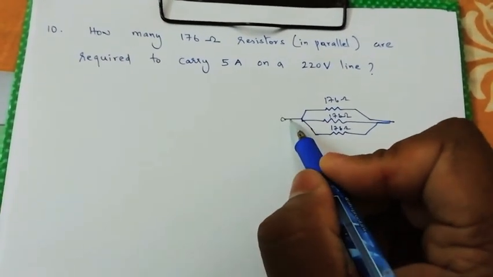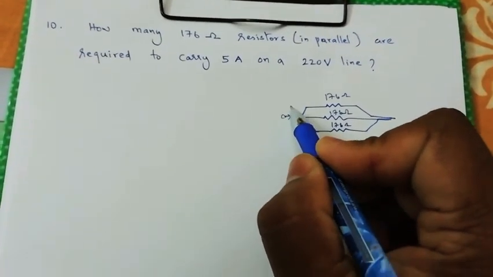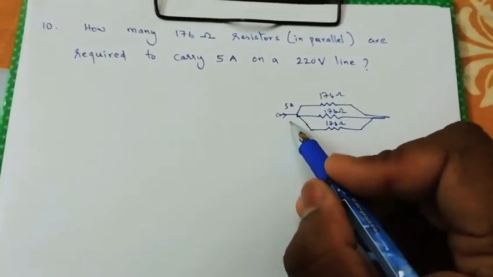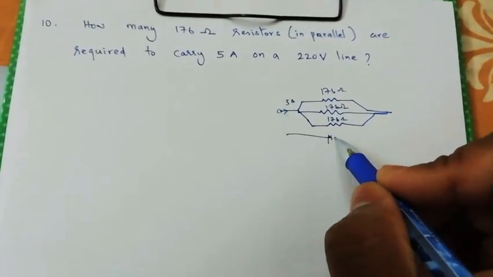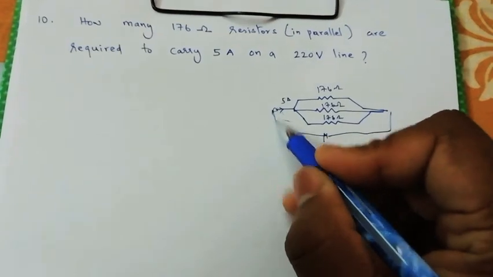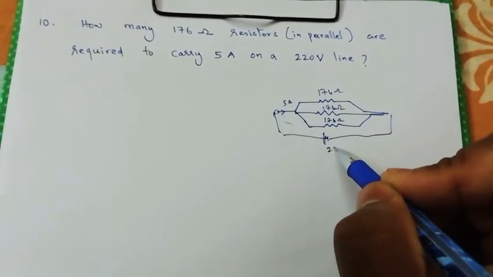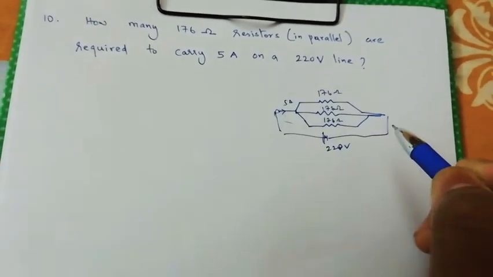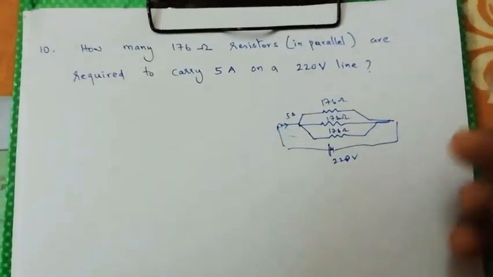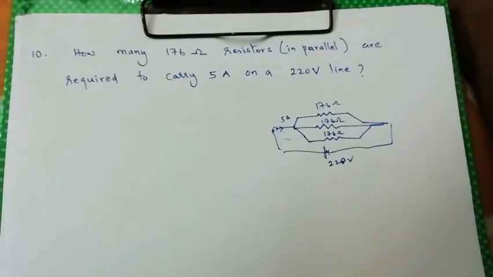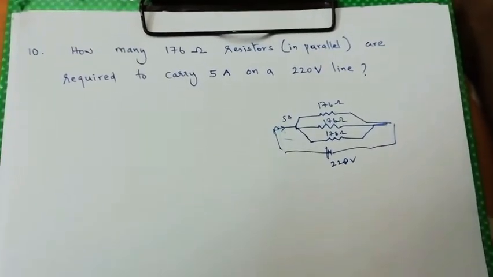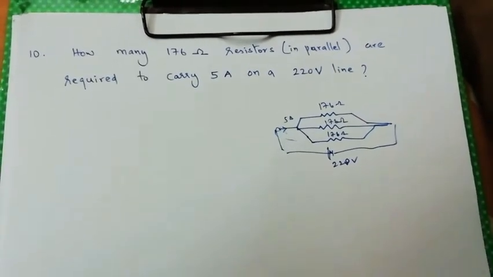And the current flowing through this is 5 amp, which has a potential difference of 220 volt. The question is clear: how many resistors do we need, where each resistor is 176 ohm.